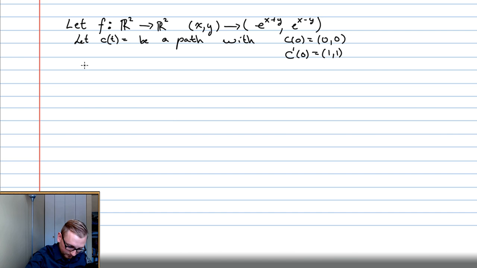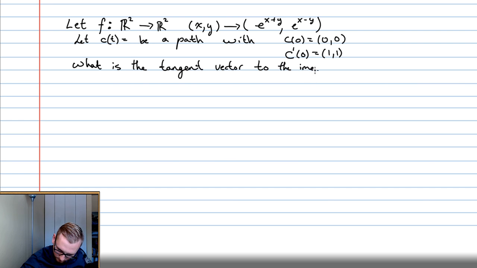That sounds like a mouthful. What is the tangent vector to the image of C of t under F at t equals 0? This itself, I'm not even entirely sure.